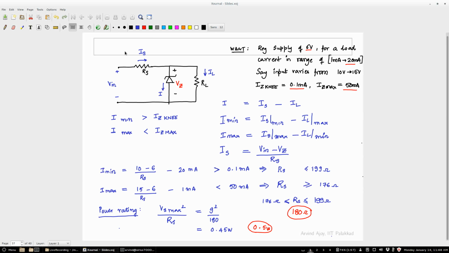Okay. Now just finish this story. I want to draw the quiescent point for this particular circuit. Where will the quiescent point appear for this circuit?